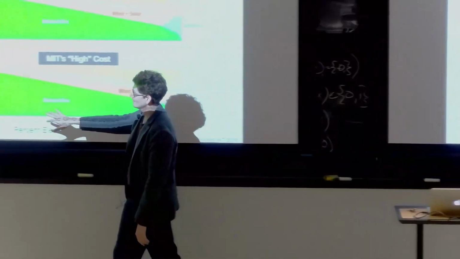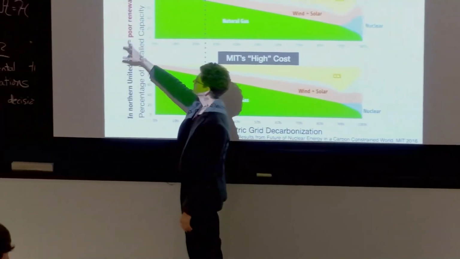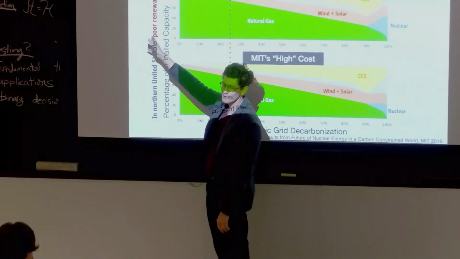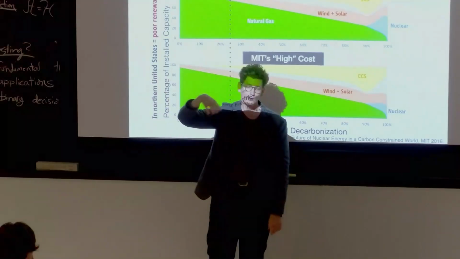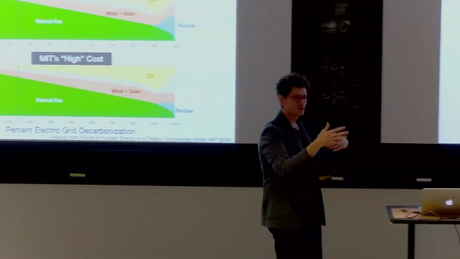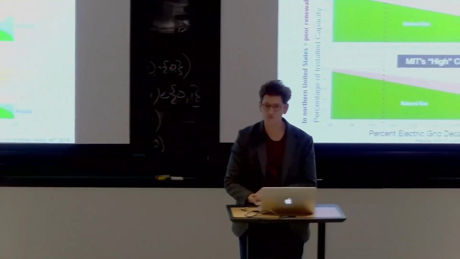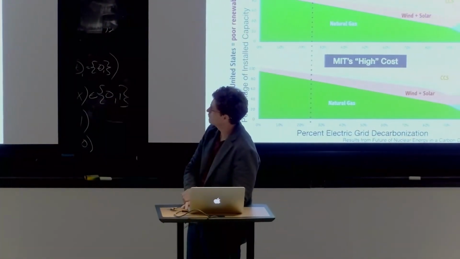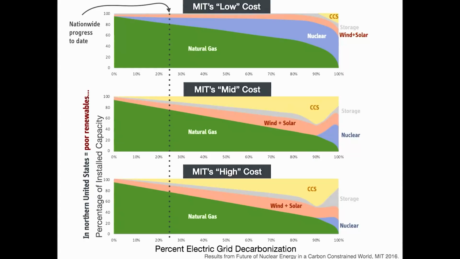This is in the northern United States, New England, where there are poorer quality renewables. It's high latitude, so it's not a good place to build wind and solar. Here's the same simulation in the southern half of the United States.